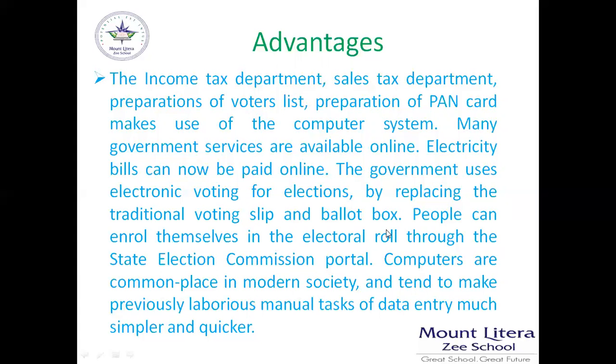If your name is not enrolled, you can enroll online through the website. Every state has a State Election Commission portal in which you can register yourself for voting in the election.